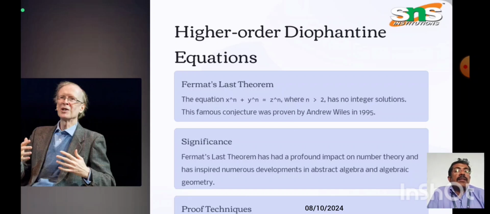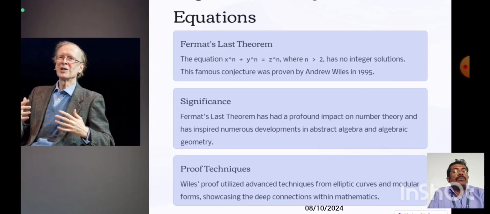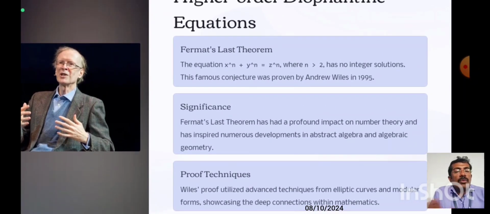As for its significance, Fermat's last theorem has had a profound impact on number theory and has inspired numerous developments in abstract algebra and algebraic geometry. Andrew Wiles's proof used elliptic curves and modular forms.